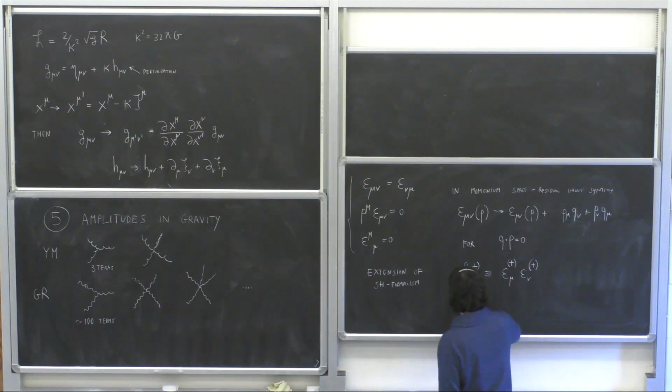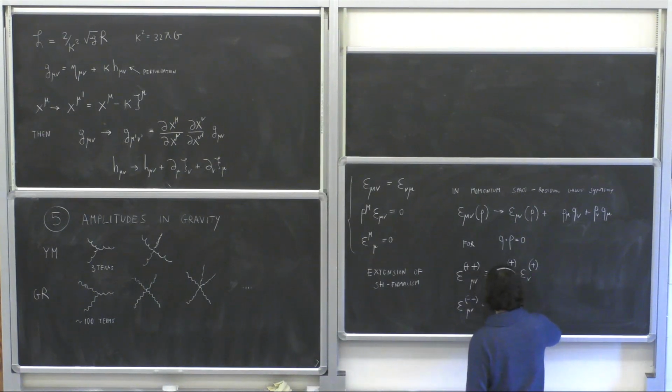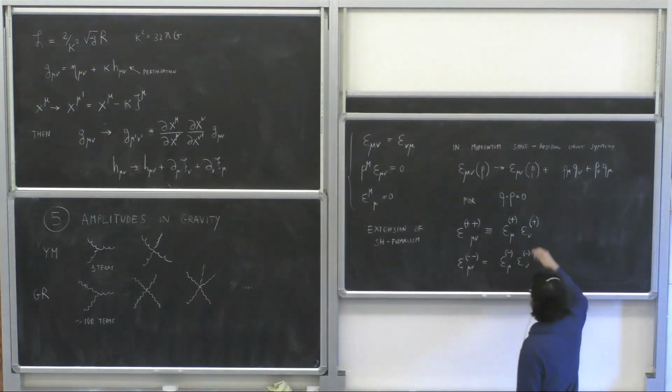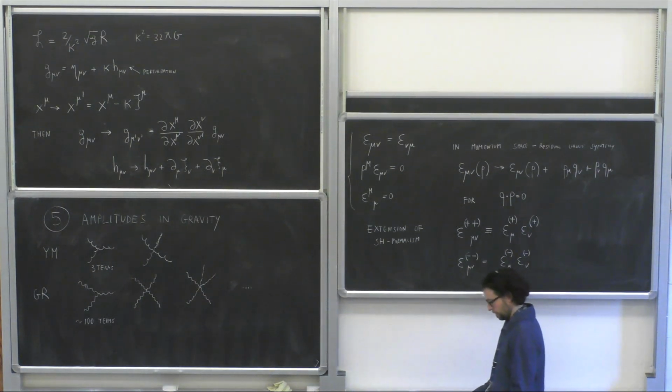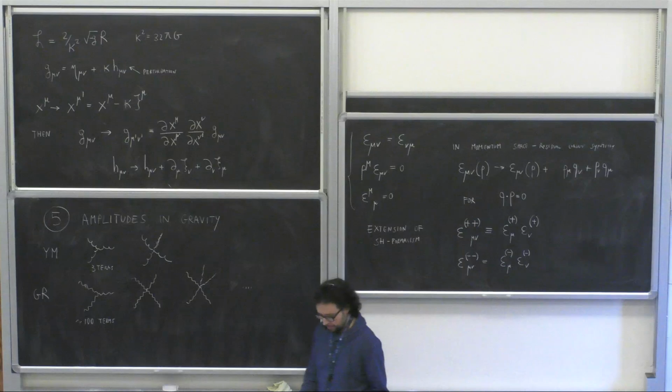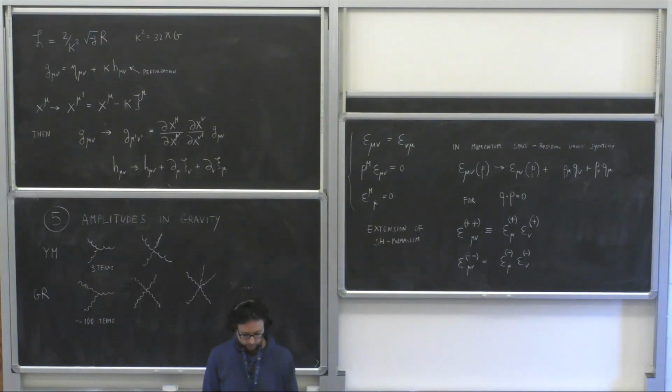The same thing can be done for the negatively polarized graviton. Imagine that we have the expressions in terms of spinor-helicity variables that we introduced in the first lecture.